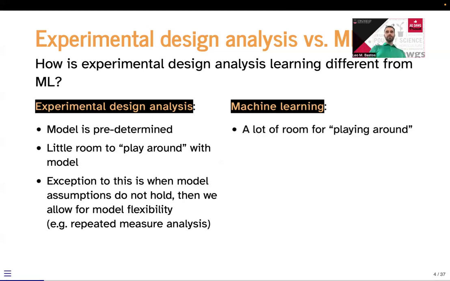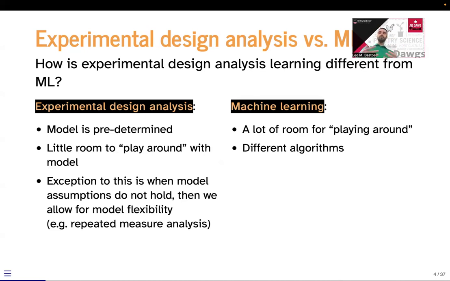On the other hand, with machine learning, we have a lot of room to play around. That's what machine learning is: playing around with your data and your model, right? We can play around by choosing different algorithms. I mentioned a few just a moment ago: random forest being a very popular one, support vector machine, lasso regression, ridge regression, elastic net, conditional inference tree, other boosting trees.